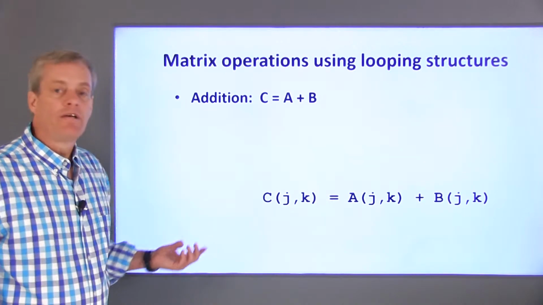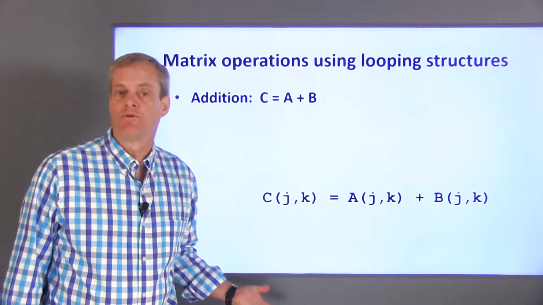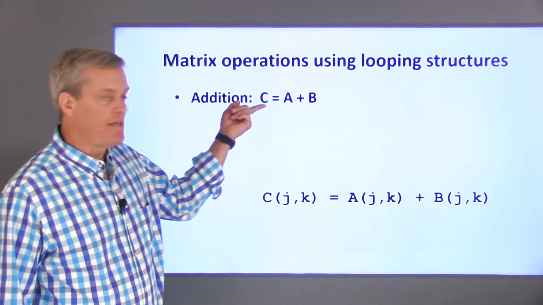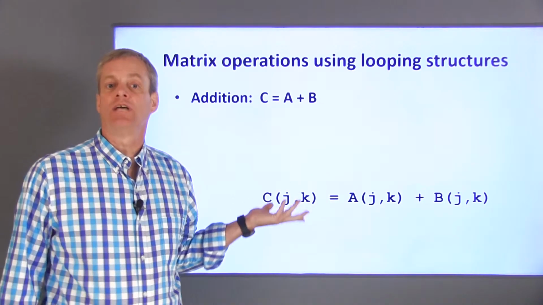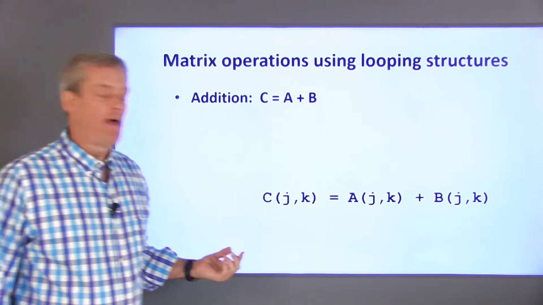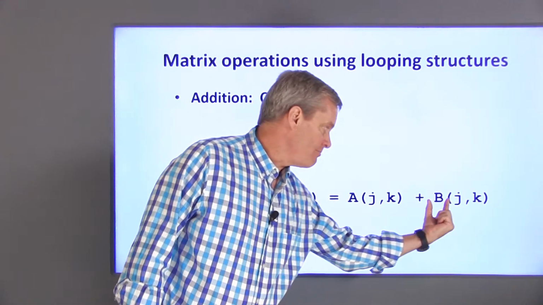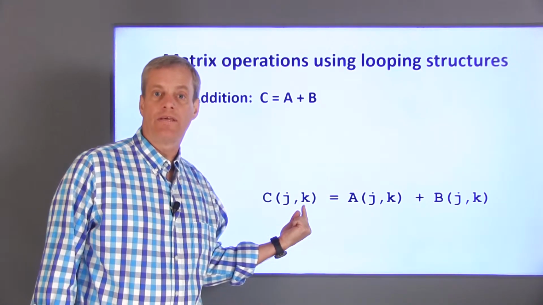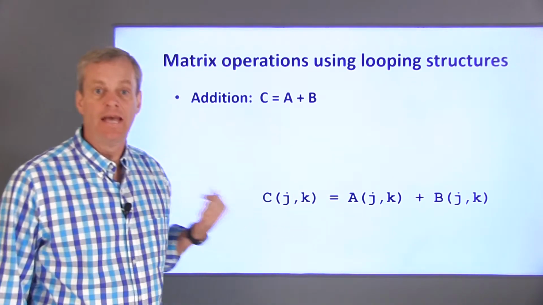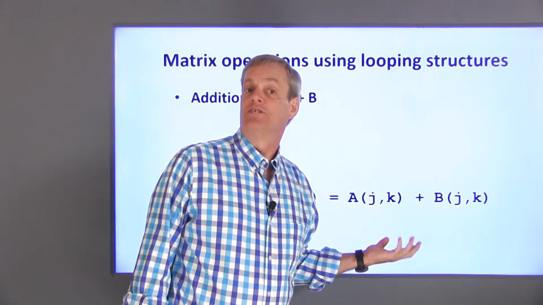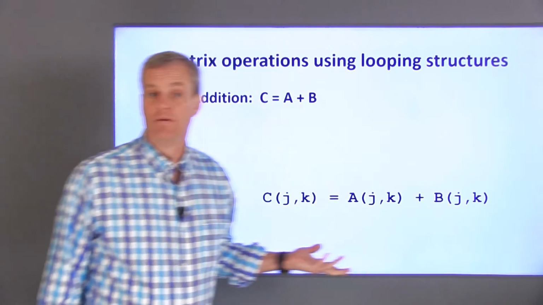The first and probably the simplest operation to program is matrix addition. In matrix addition, the element of the resulting matrix is just the sum of the corresponding elements of the operand matrices. So if I add matrices A and B to get C, the element in the jth row and the kth column of C is the sum of the elements of A and B in the jth row and kth column.